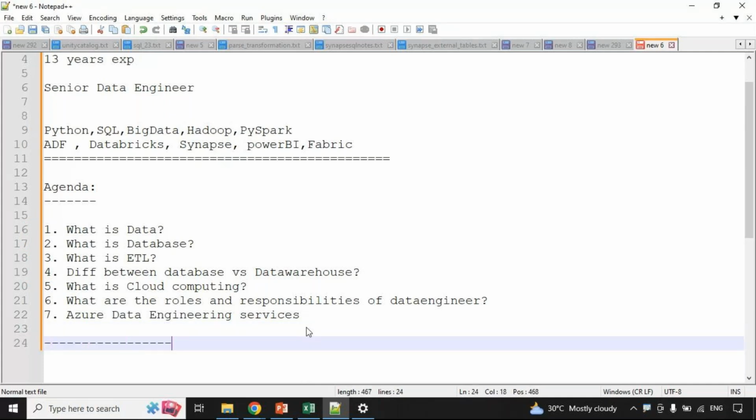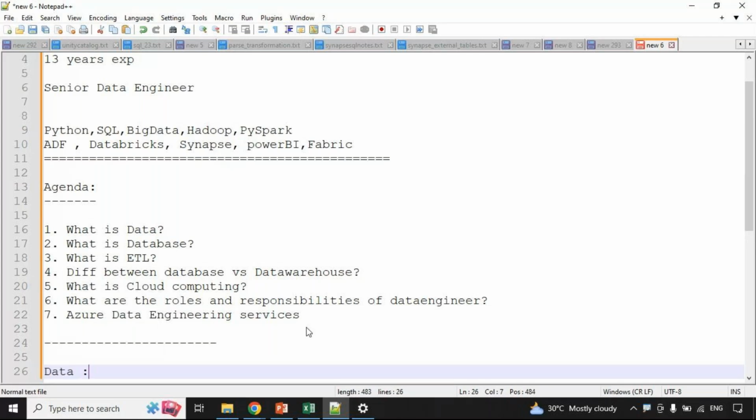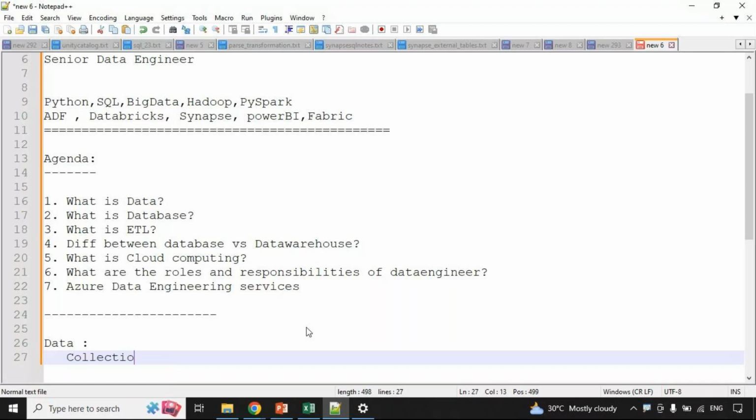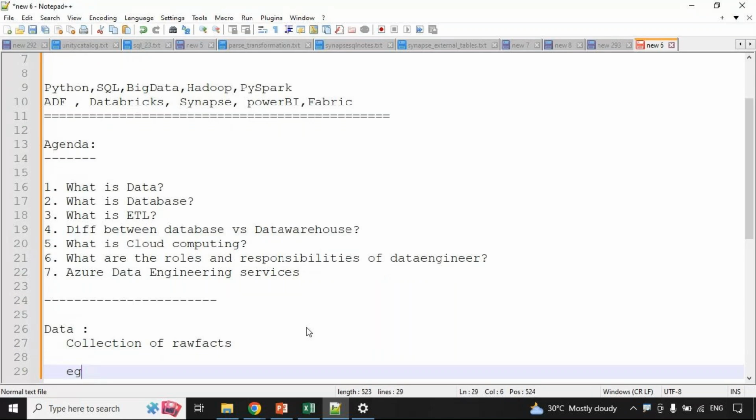Throughout our journey, we are going to frequently hear the terminology data. Data is a collection of raw facts. It can be any characters, numbers, audio files, video files, images. It can be anything, guys.